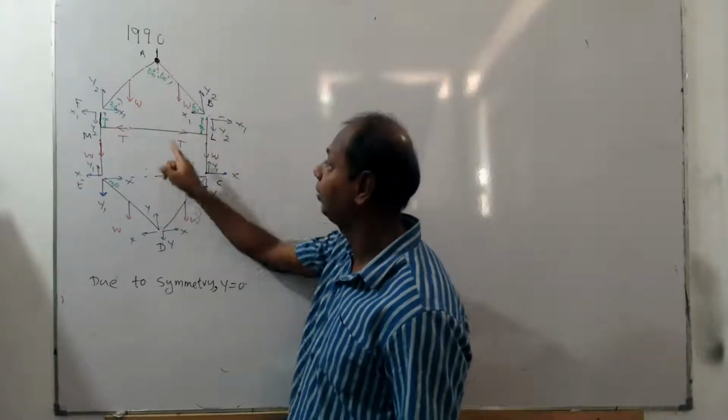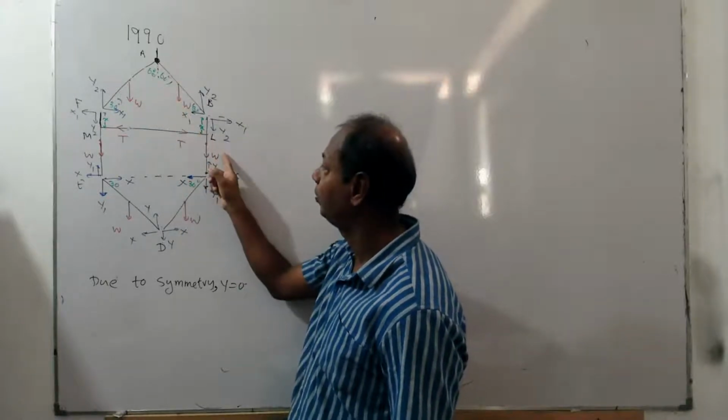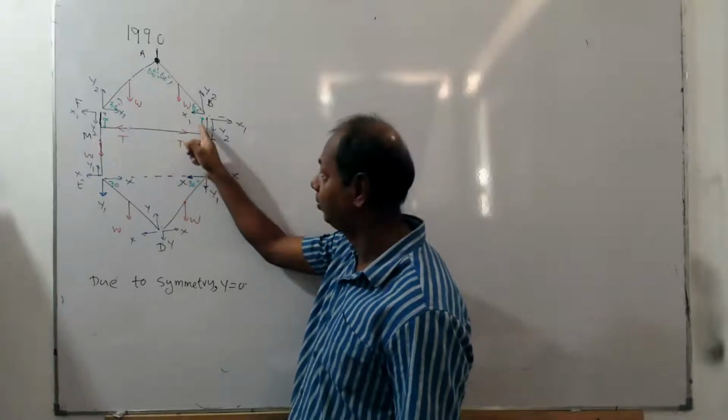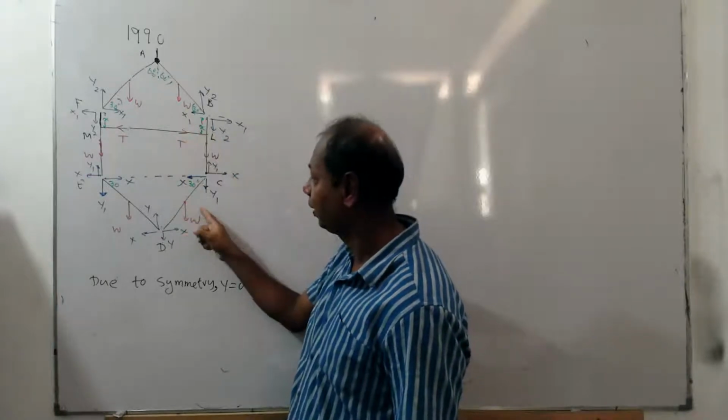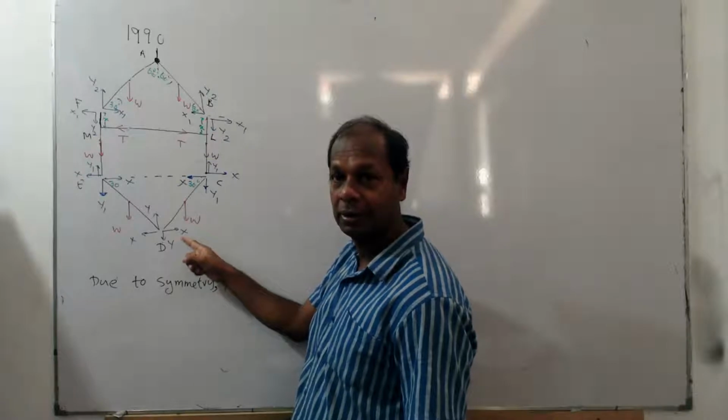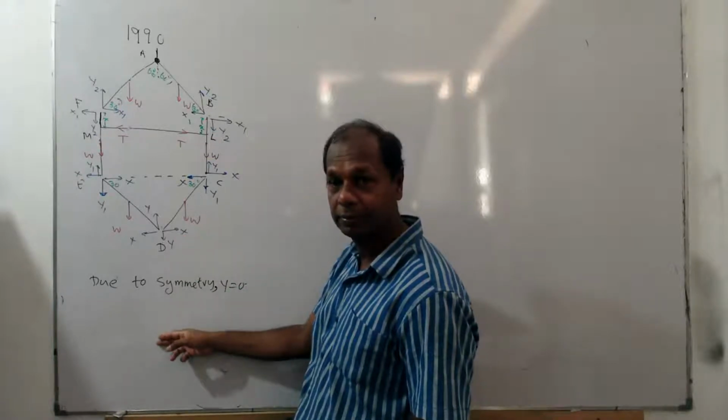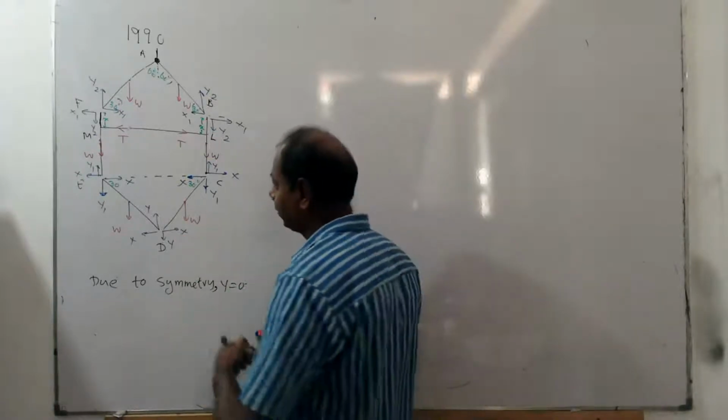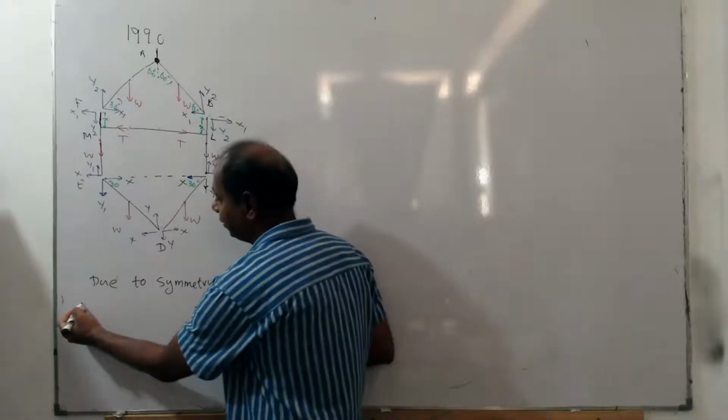In the equation will appear W, of course T, small x also, W and this capital X. But we find capital X first, considering CD.